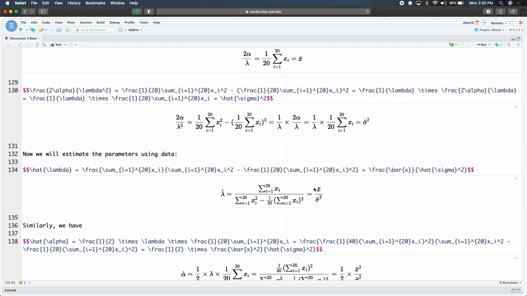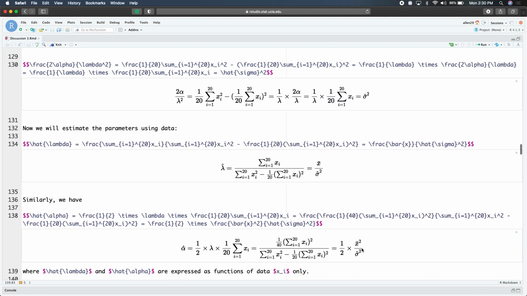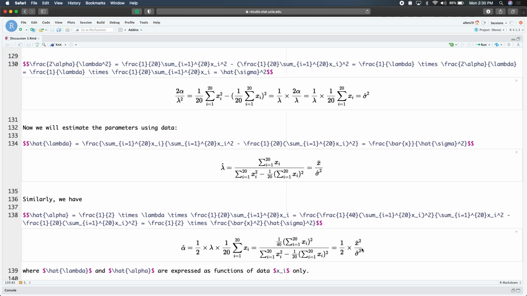You can just plug in x bar and sigma square hat into lambda, and then the only unknown is alpha, so you can solve for alpha hat, equal to x bar square over sigma hat square. This should conclude question 6, expressing the unknown parameters from the observed data.